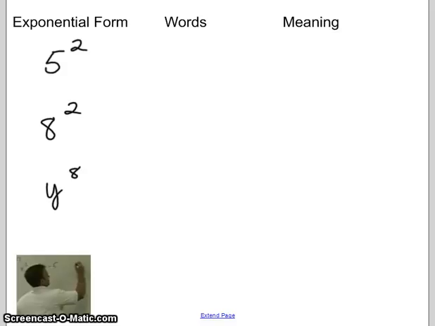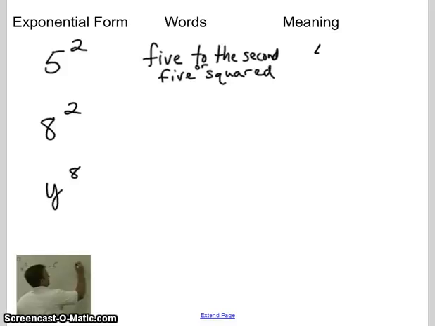Alright, so let's look at some powers. The first one is 5 to the second power, or 5 squared. And what that means is we are going to do 5 times 5. Second one is 8.